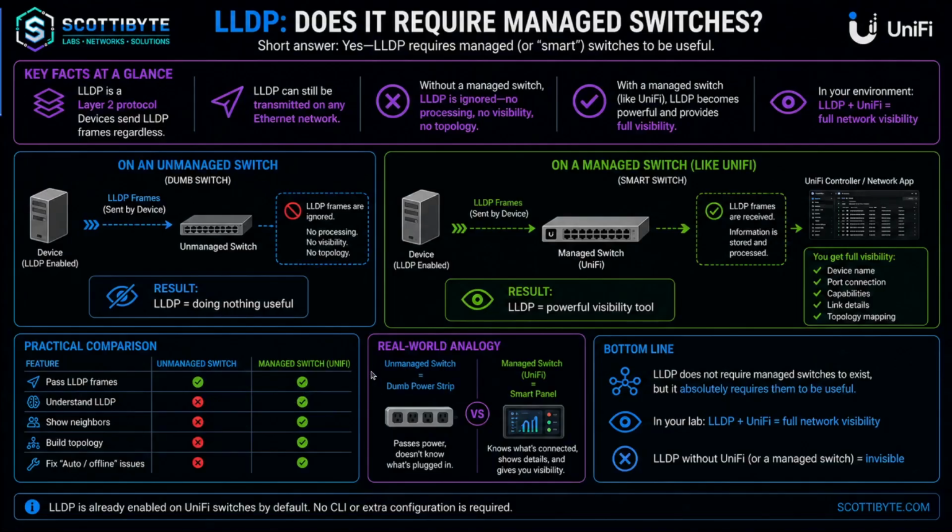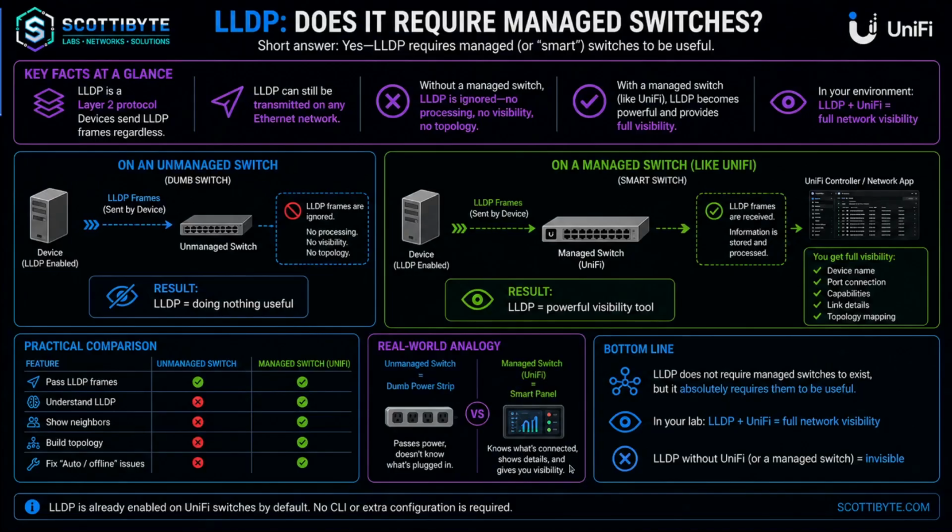And so a real world analogy might be that you would have an unmanaged switch plus a dumb power strip. In a dumb power strip, you can power anything with a clock, radio, what have you. And it will pass power, but it has no idea what's actually plugged into it. Versus if you have a managed switch, it, as a device on its own, knows exactly what's connected to it.